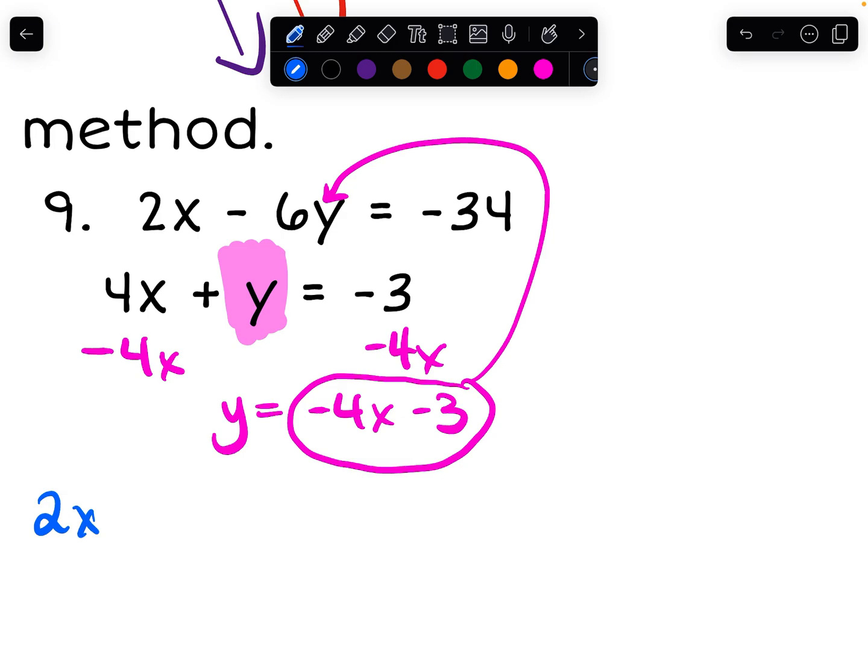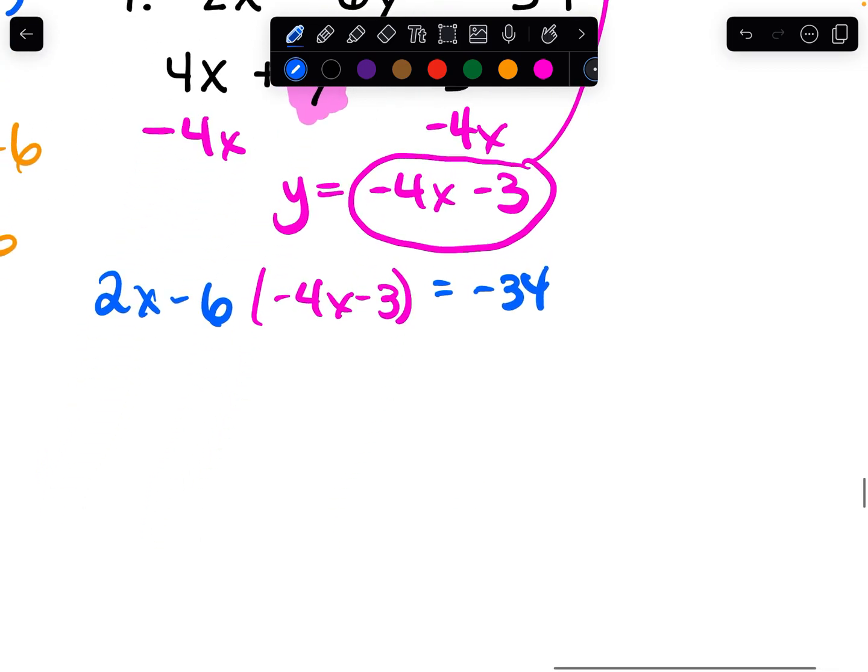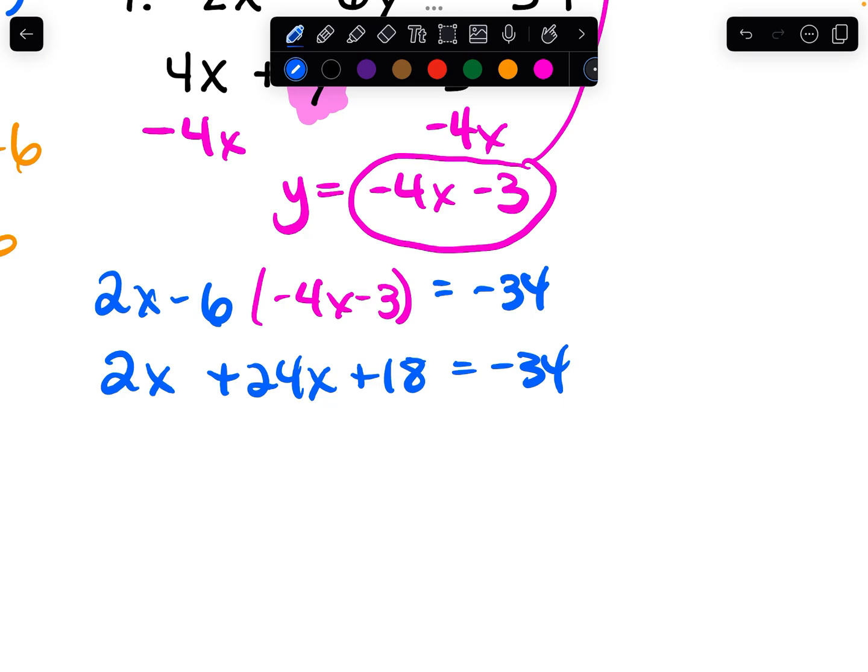So I have 2x minus 6. Then I'm going to replace the y with -4x minus 3 equals -34. 2x plus 24x plus 18 equals -34. 26x plus 18 equals -34.